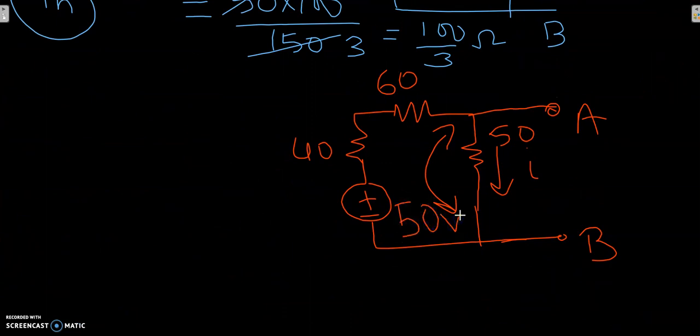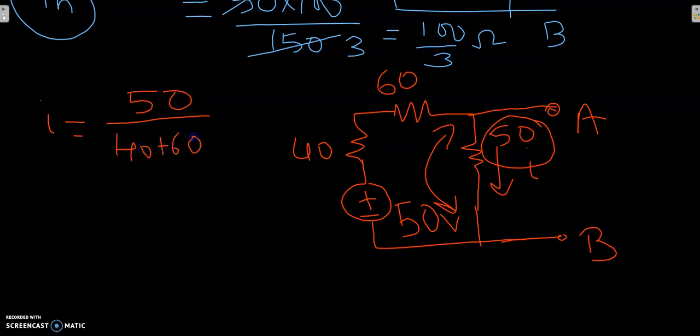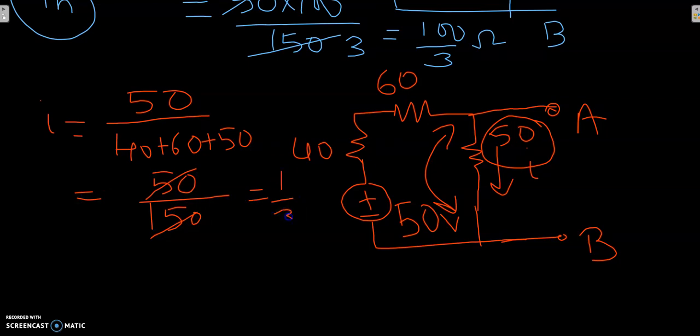volts. So the current that would be flowing through the 50 ohm resistor would be I equal to 50 divided by 40 plus 60 plus 50. So that is 50 upon 150, so I get 1 by 3 amperes.